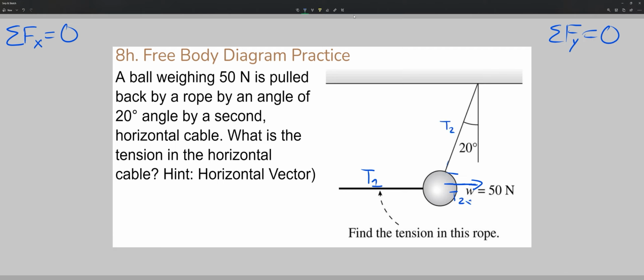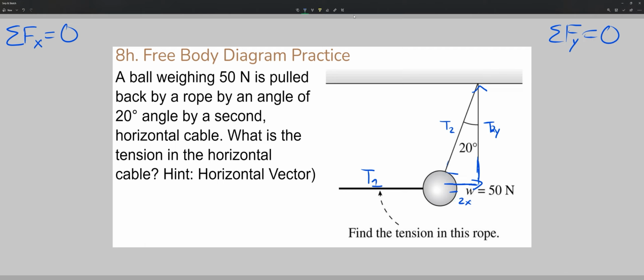This is the tension in the x direction of the second rope, and this is the tension in the y direction of the second rope, T2y along the y-axis. So now we have to figure out what T2x is, the tension along the x-axis.